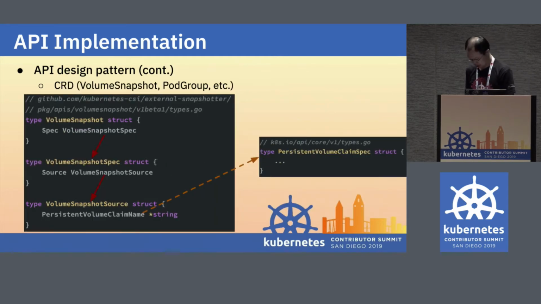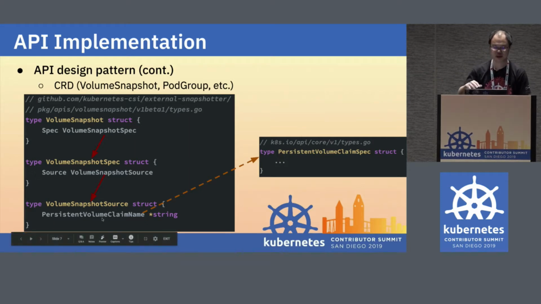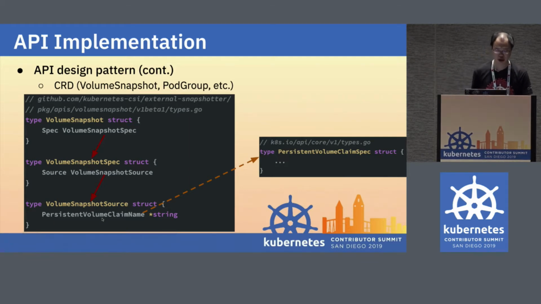The third pattern is that we can implement it using a CRD. For example, the volume snapshot in the SIG Storage group is implemented as a CRD, and it has a way to connect back to the core API. In this case, the connection is called the PVC name. It also uses a string to connect with the core API.